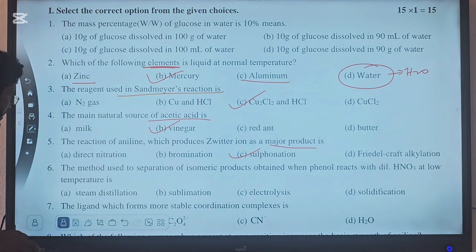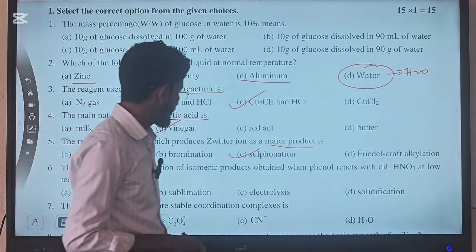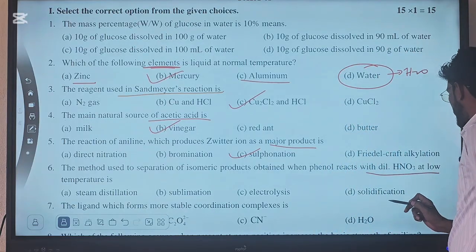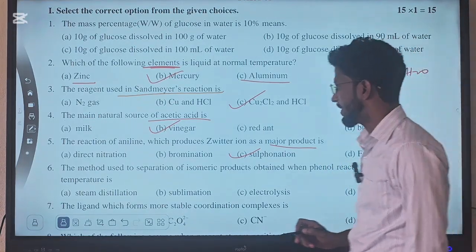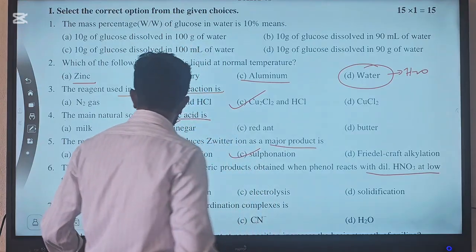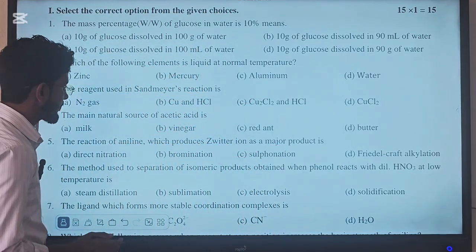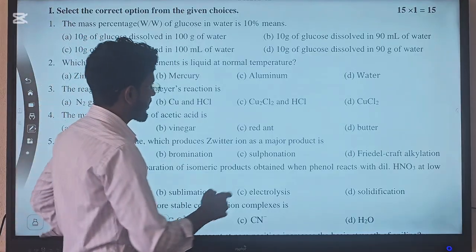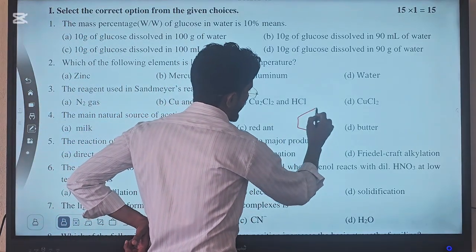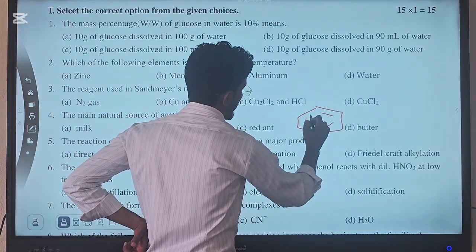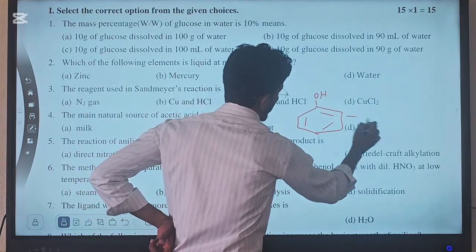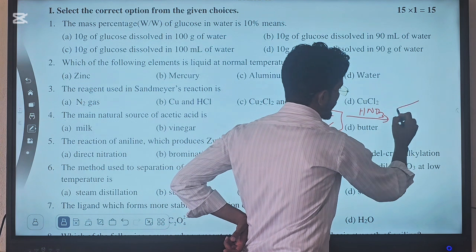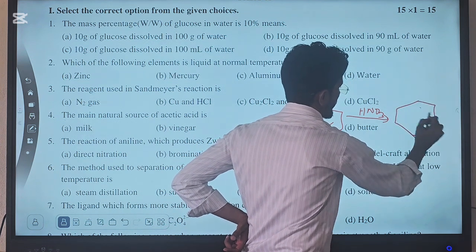Next, question number 6, method used for separation of isomeric products obtained when phenol reacts with dilute HNO3 at low temperature. As we know, if phenol reacts with dilute HNO3, o-nitrophenol and p-nitrophenol will form.